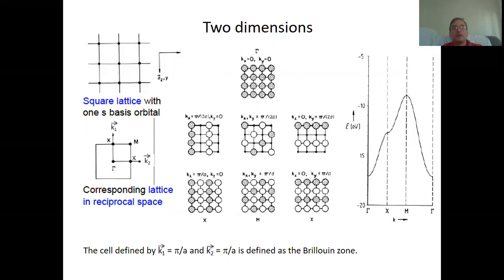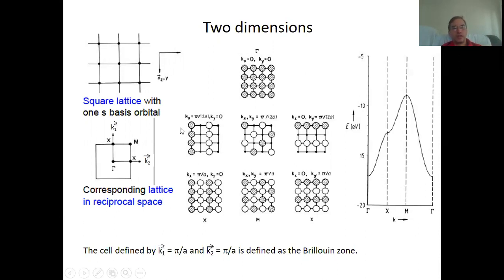So we also said that in order to describe the band structure of a two-dimensional lattice, we have to introduce two wave vectors, one pointing into the first direction. We can define the first direction the x direction, and the second one to be the ky wave vector pointing in the y direction.